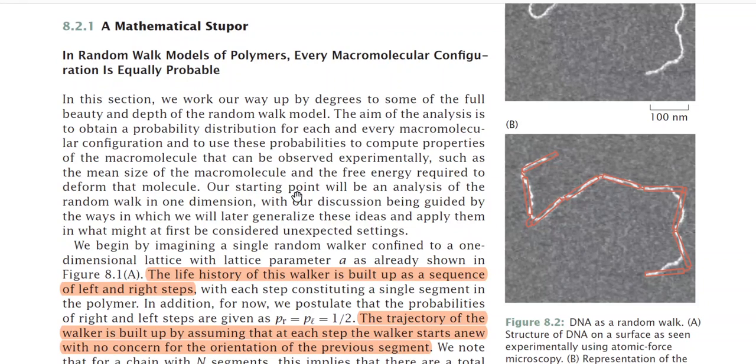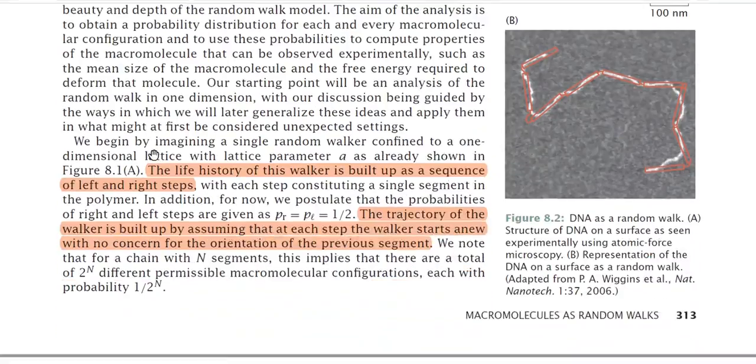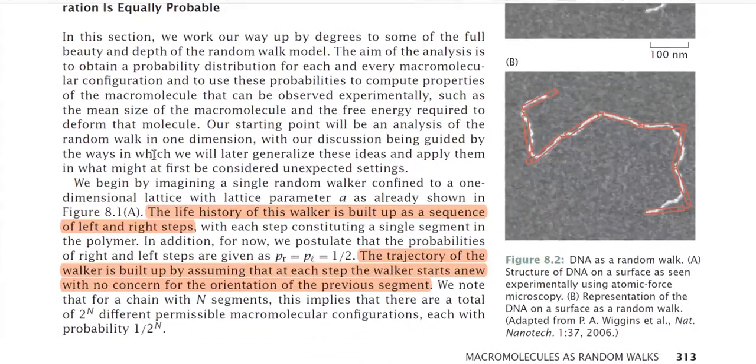Our starting point will be an analysis of the random walk in one dimension. At first I have shown how the chains are distributed in one dimension. So this is the one dimensional distribution. We will start from the one dimensional distribution, with our discussion being guided by the ways in which we will later generalize these ideas and apply them in what might at first be considered unexpected settings.